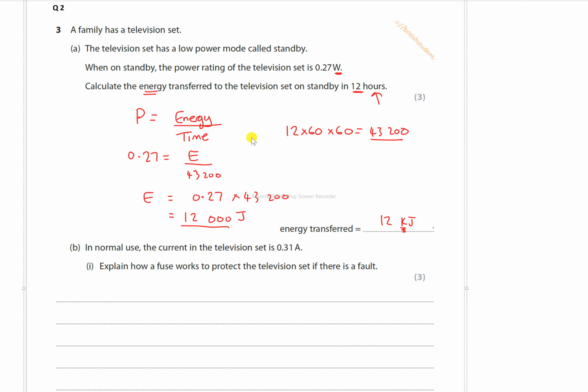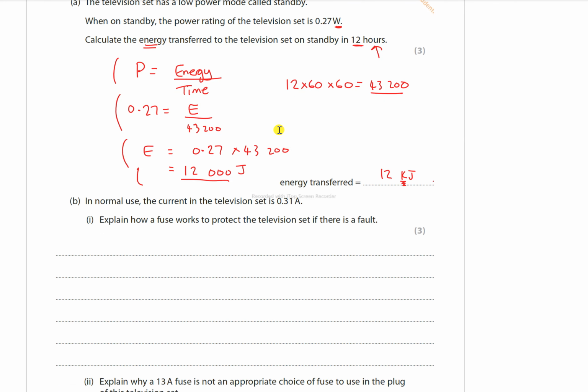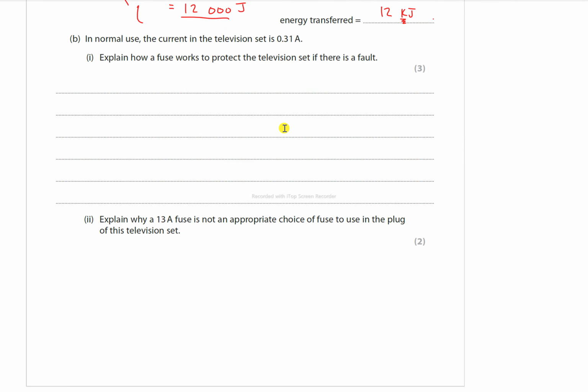Just bear this in mind, just looking at the mark scheme: formula, substitution, rearrange, and then evaluate it. It's interesting that they want that sort of structure, but let's run with that, there's no problem.